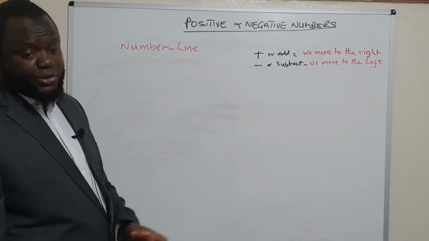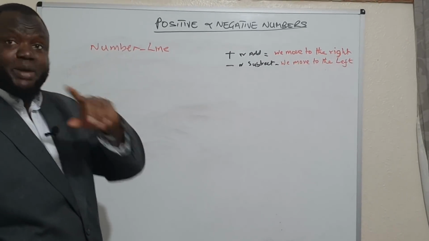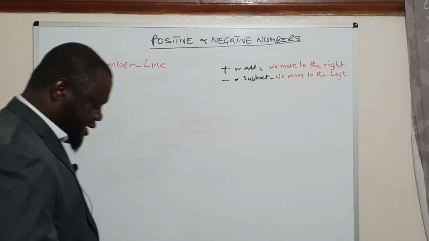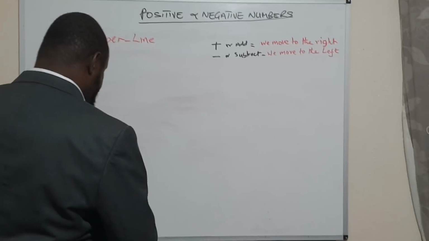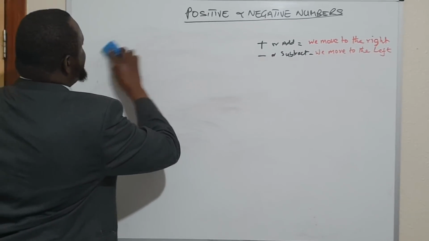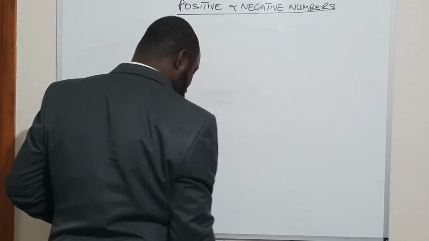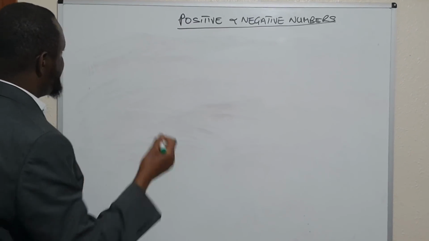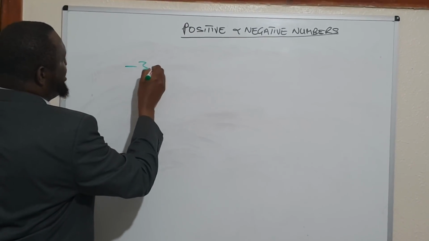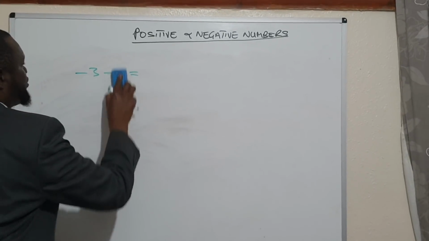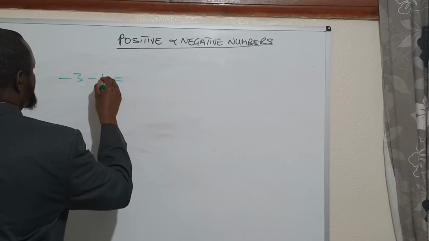Now, the next topic we have to do before we finish, because I don't want to make it long, okay? When you have minus and minus, you can't apply the sign of the bigger number, but you can apply the number line. Let's say if you have -3, -4.